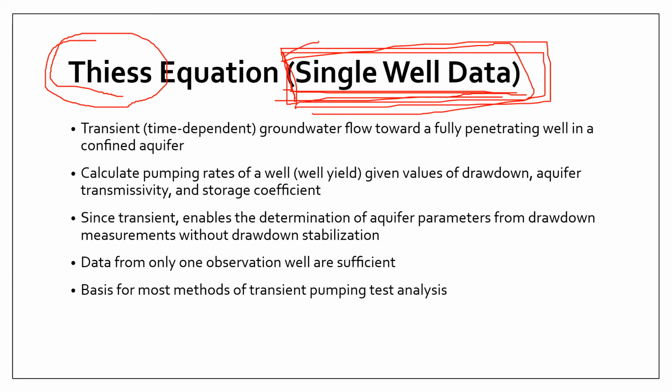And the Theis equation is still about transient or time-dependent groundwater flow. This is useful again for a fully penetrating well in a confined aquifer. The use of it is that you can get the values of aquifer transmissivity, which can give you the well yield.